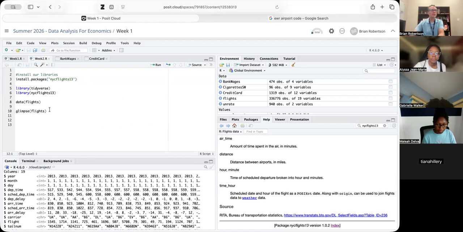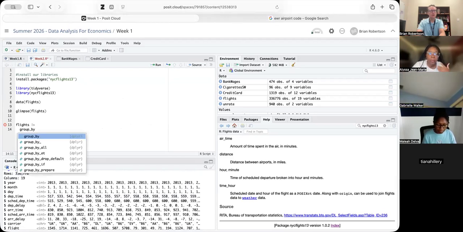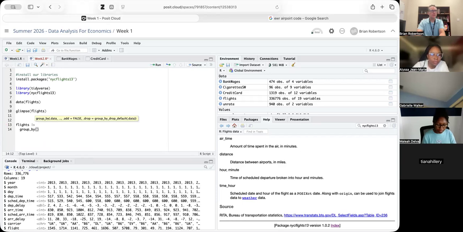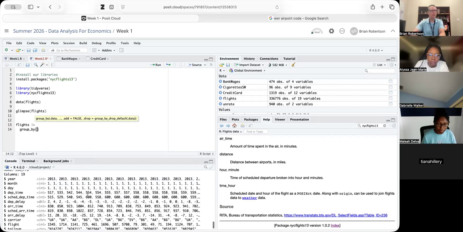Let's save this. We did a glimpse of flights. We got this down below here. So let's start with flights. And then let's just do a simple group by. Let's group by, I don't know, let's group by month.